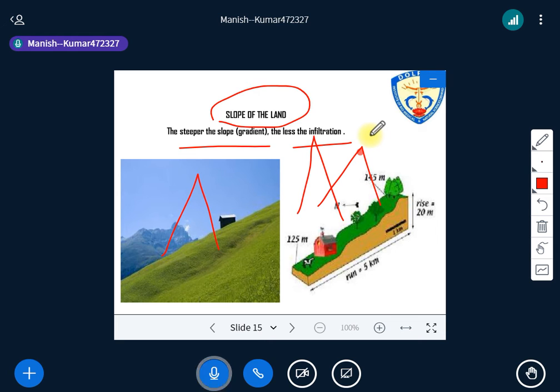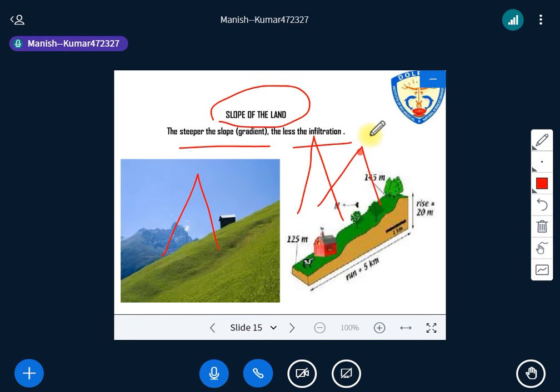If water needs to infiltrate, it needs a certain time to infiltrate, so water needs some rest time. It means water has to stop at a certain place for a few hours or minutes, whatever time is required, and then the infiltration will start.